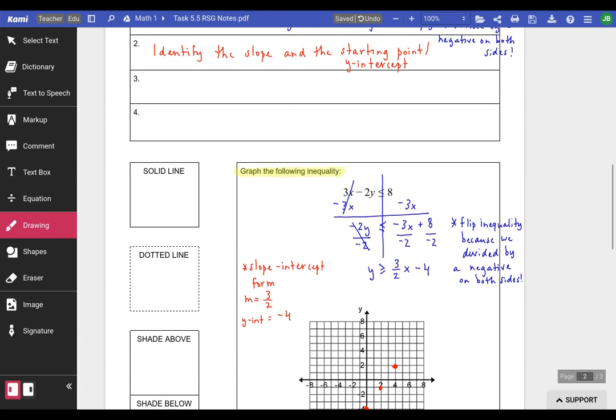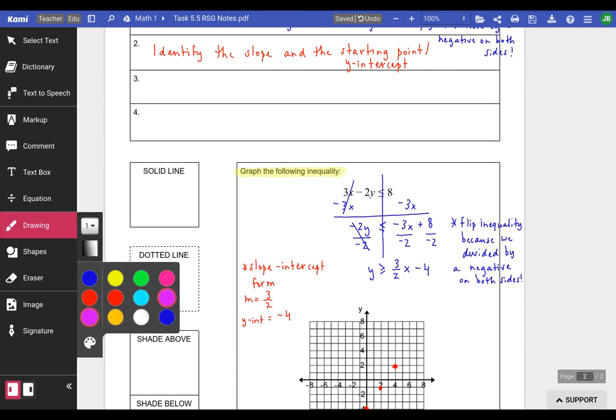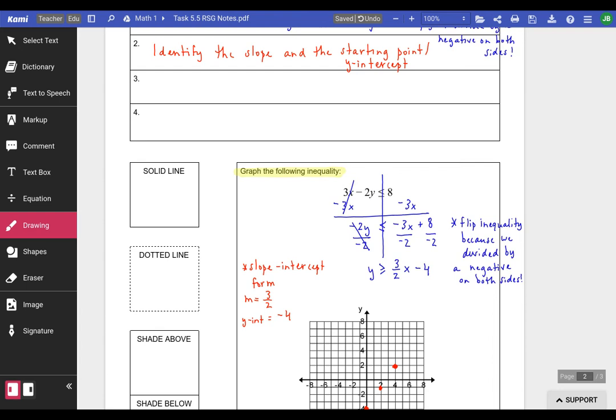Now, step 3 is really important when we're doing inequalities. And again, it's only because it's an inequality and not an equal sign. We have to decide whether to connect our points with a dotted or a solid line.